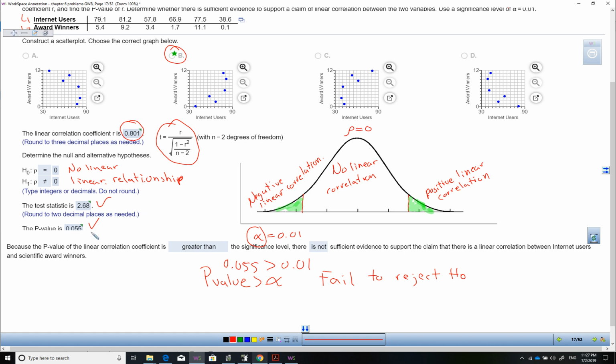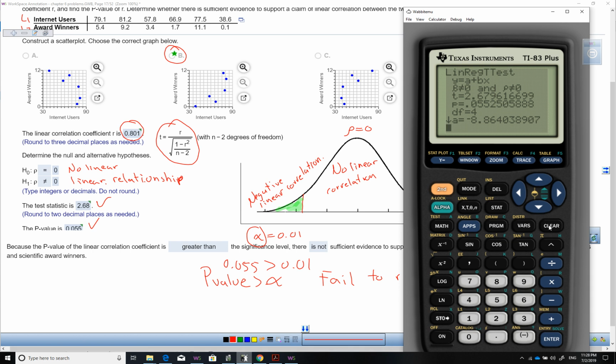I didn't show you how to get the p-value in the long way, but in case you are curious, well, we can use this option, the TCDF. Let me see the second part. We use TCDF, and we use a lower limit of negative 10,000.